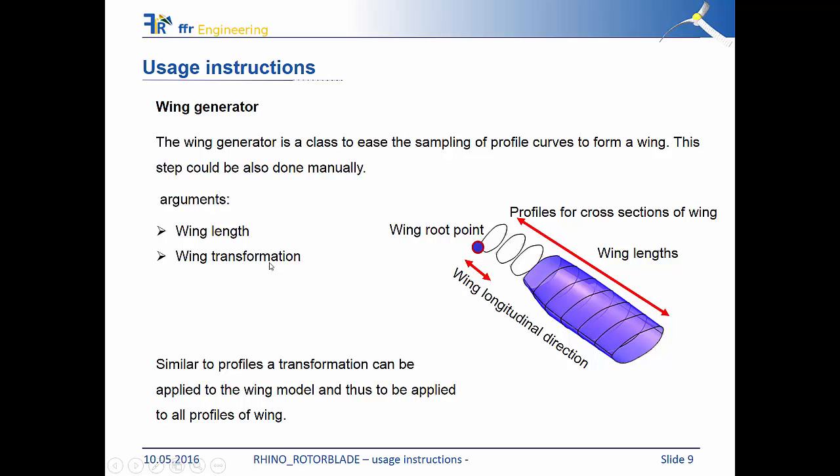We can apply, on the generation of a wing instance, a custom transformation to bring the entire wing into some local coordinate system. And by doing that, this transformation will be inherited by all the airfoil cross sections you add later in the code, and we'll have a look at it.